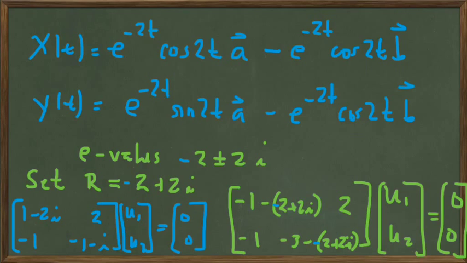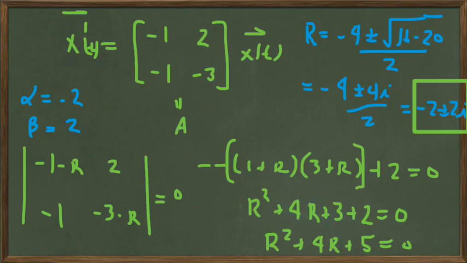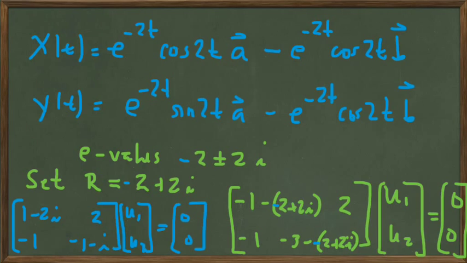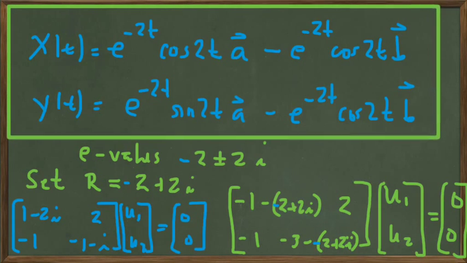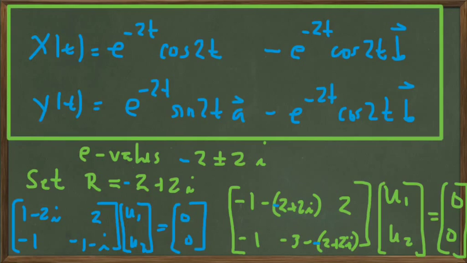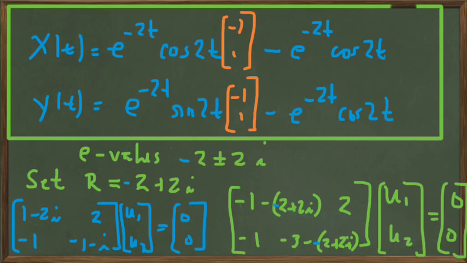If we go back to the structure of our solution, which we had right here, we can now fill in the vector A as minus 1, 1 appearing here and here, and the vector B is minus 1, 0, which appears here and here.